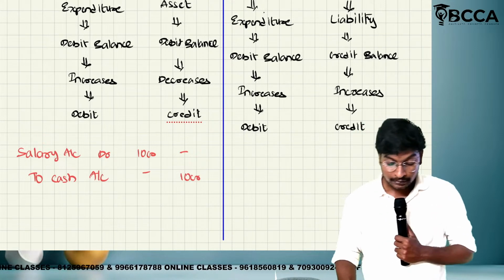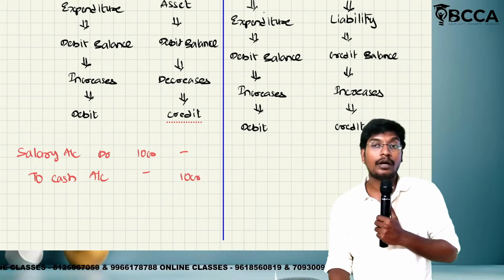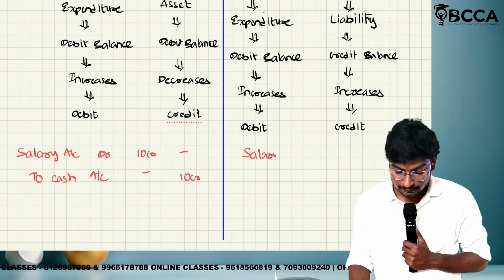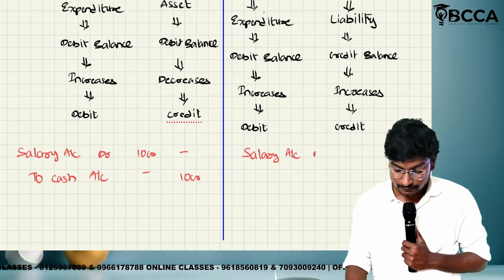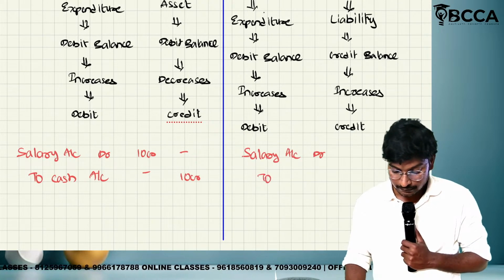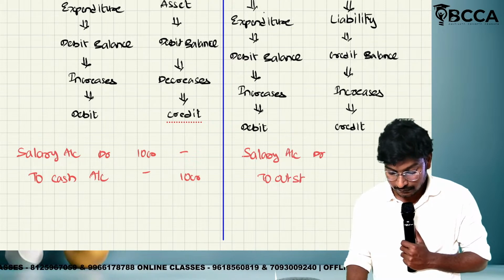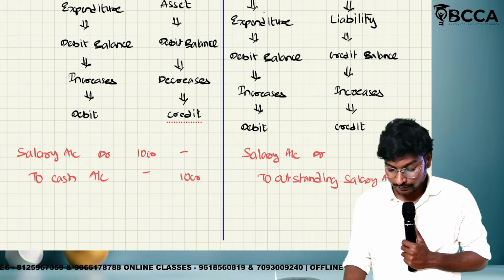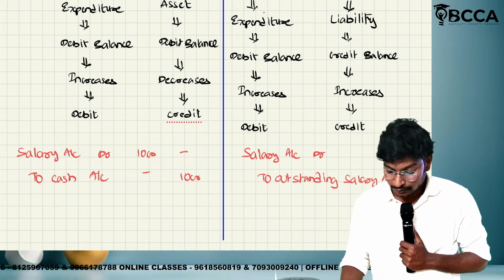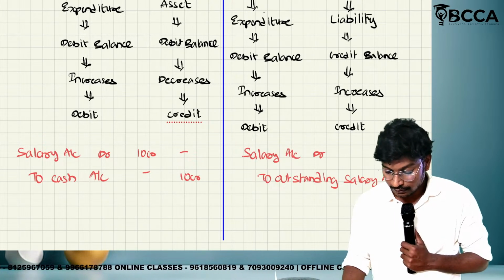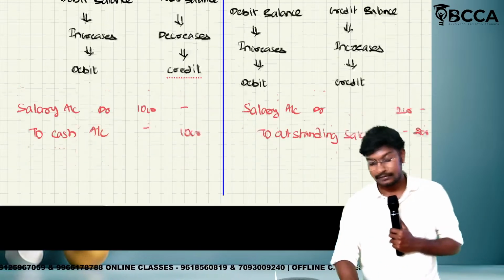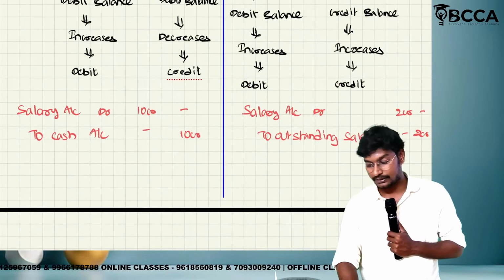Salary account debit to outstanding salaries, how much? 2 crore. Okay guys? So like that we need to record in the journal entries.